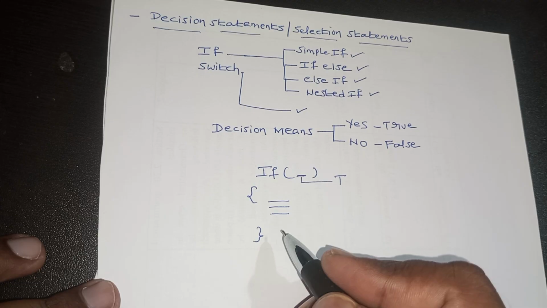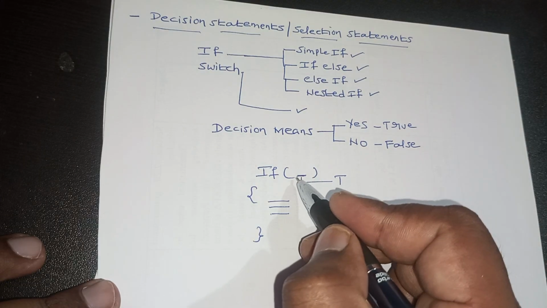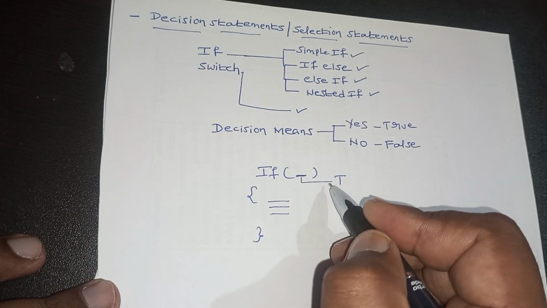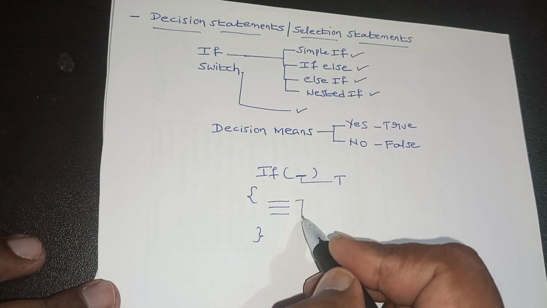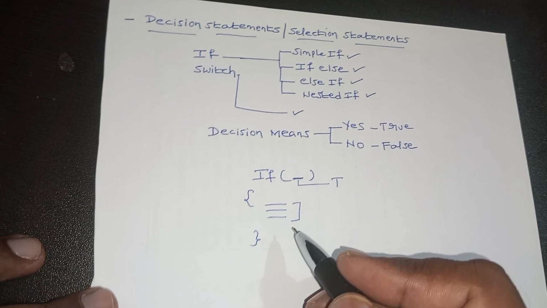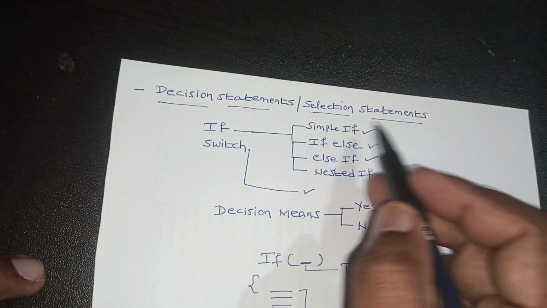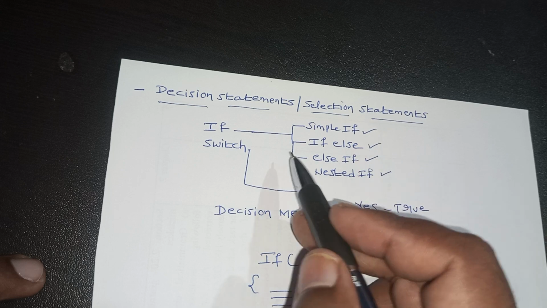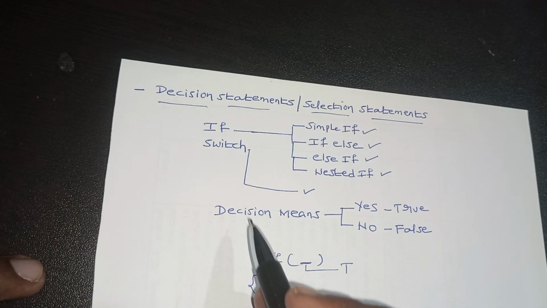That is called a selection statement. Based upon the decision being true, we select the statements we want to execute. That is the topic name, decision statements and selection statements. We have four types under if, and under switch we have only one.